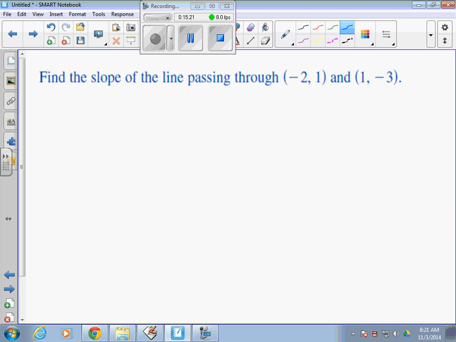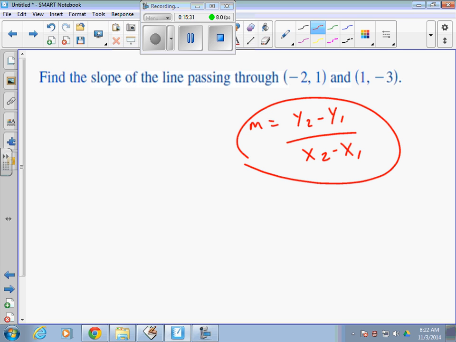Okay, take 30 more seconds to do this one. Here's your slope formula. M equals the change of y over the change of x. x, y, sub 1, sub 2.